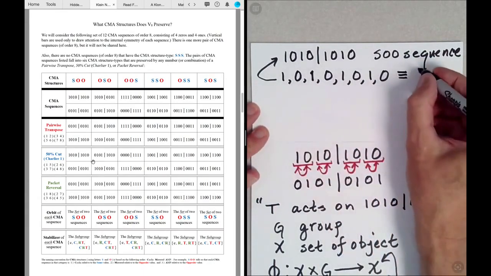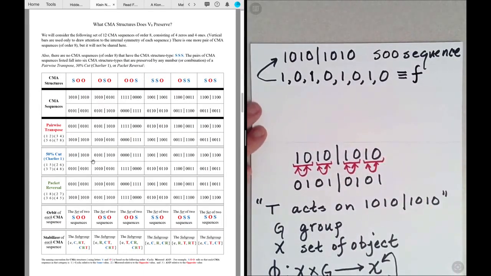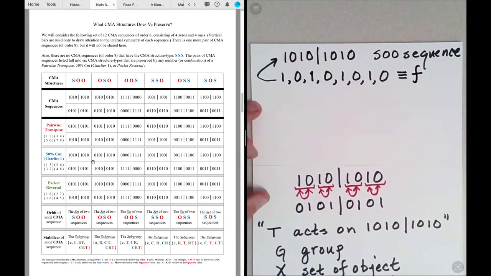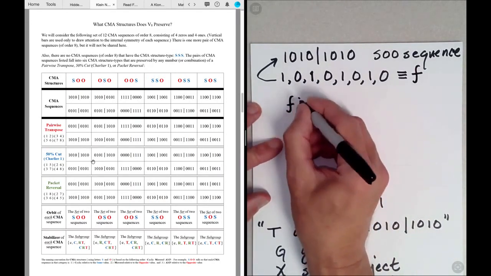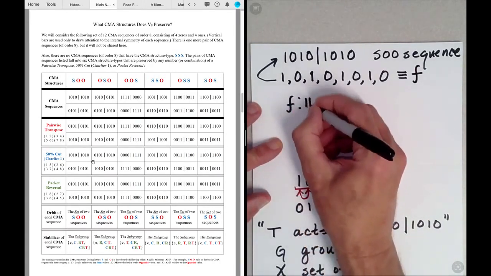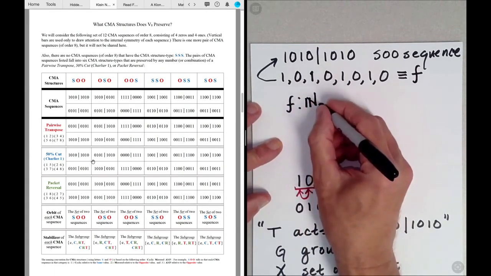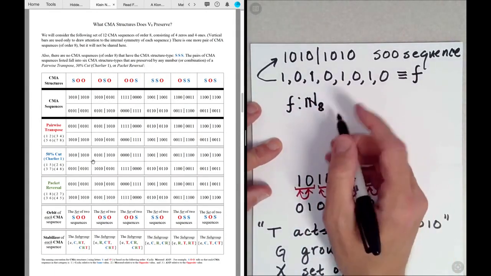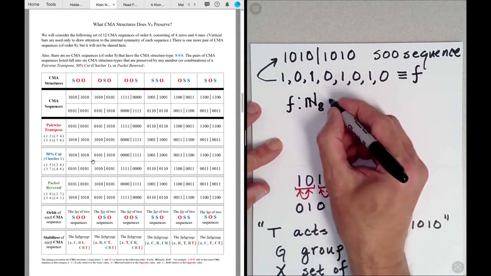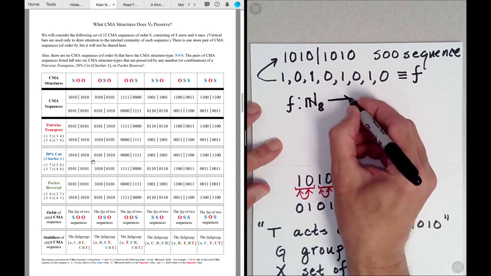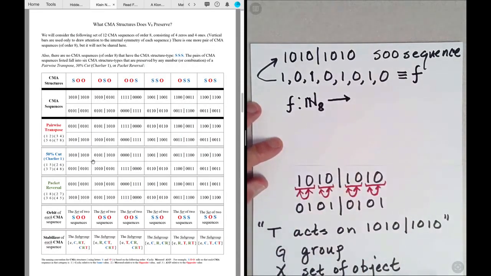Okay? So we can actually say that this sequence is defined to be our function f. And what's our function f? Well, it has as domain what we've called before N sub 8. That's just the natural numbers 1, 2, 3, up to 8. Okay. What's the codomain here?